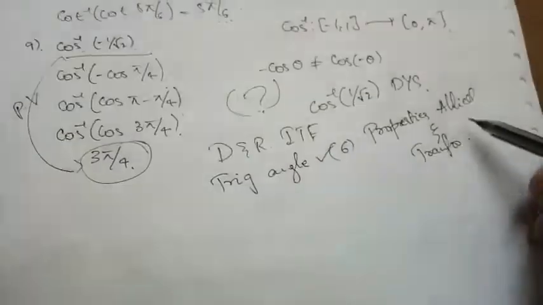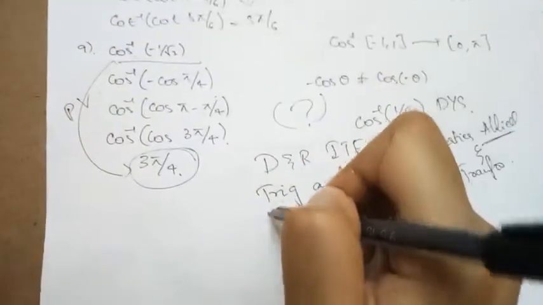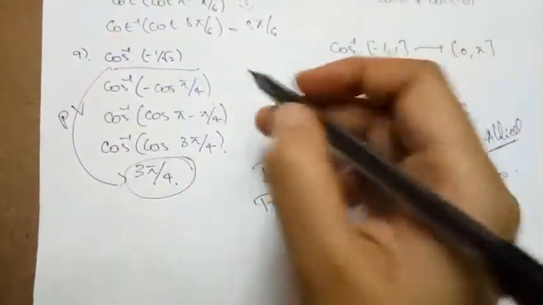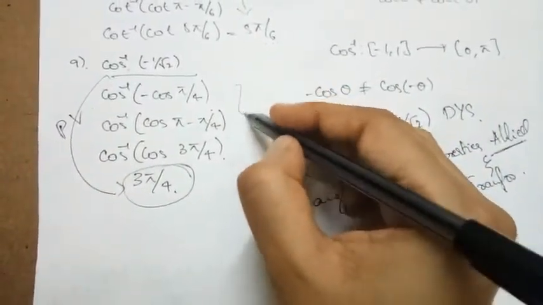Whatever properties are required based on the allied and transformation angles for these problems, I have already explained parallelly while doing each and every problem, so you can understand it better.